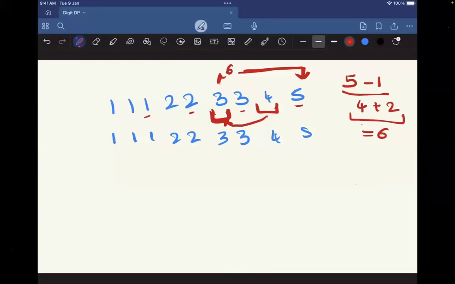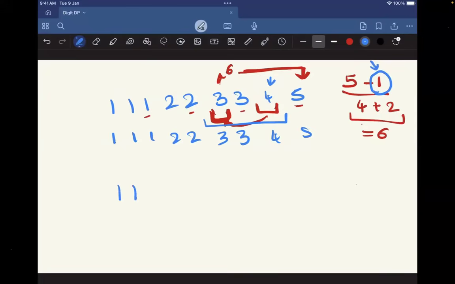If I do this operation here, what is this 1? This 1 is nothing but the number of elements in this range that occur only once in the array. Do you see that since 4 is the only element that occurs once in the array in this range, I would be subtracting 1.